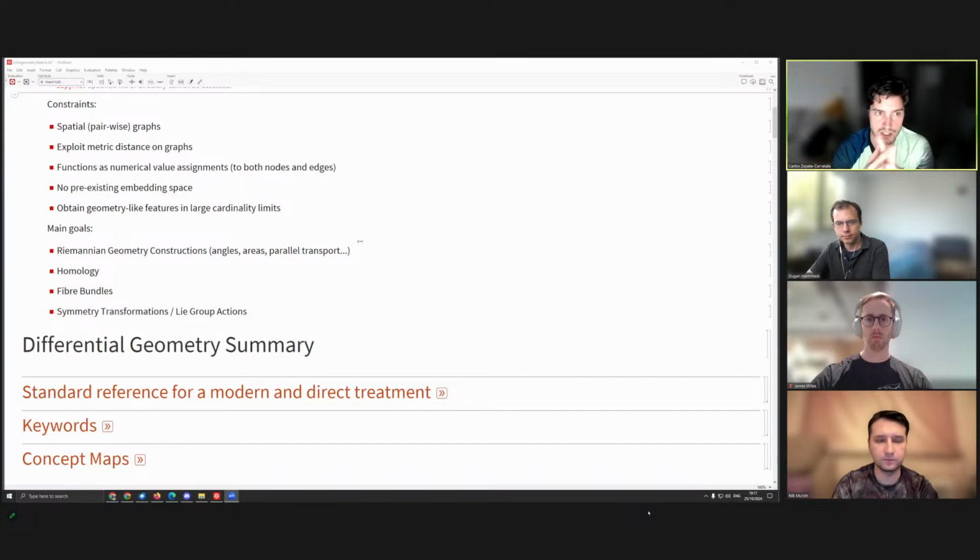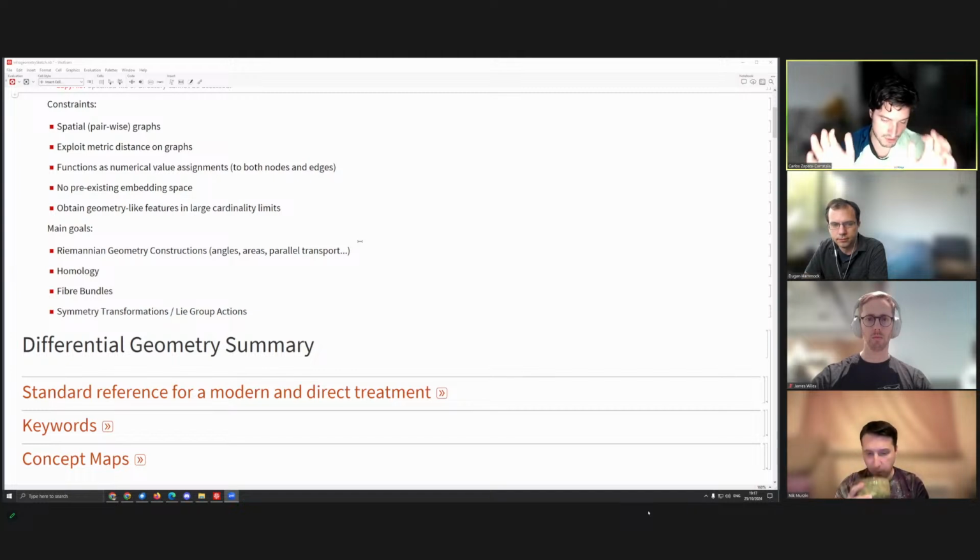We want to think of functions as numerical value assignments to nodes and edges, with the flexibility and prototype sense of anything goes at first, just to get some notions rolling.